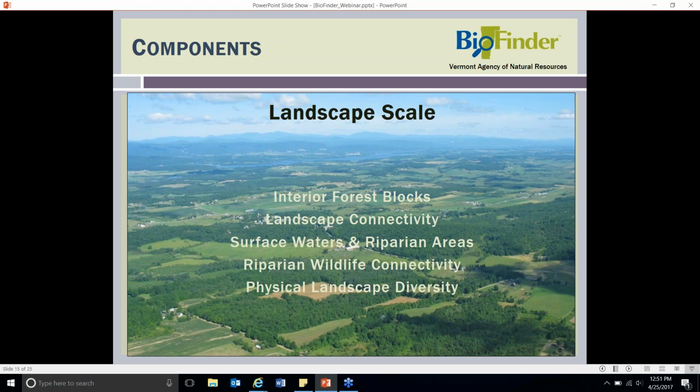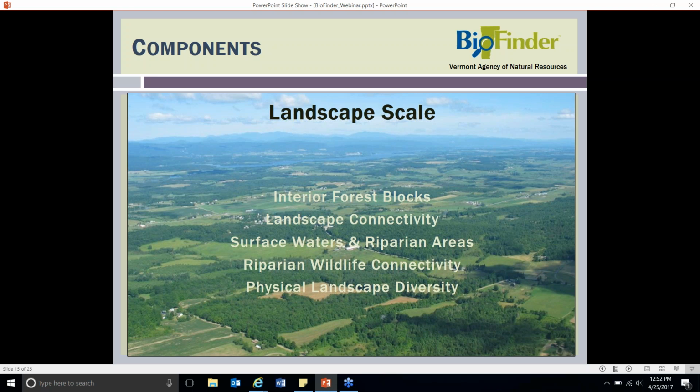Because different species live in different combinations of this physical landscape, one way to protect biodiversity, since we can't really inventory all species on the landscape, is to look at where the physical landscape has diversity. If we protect the physical landscape diversity, we'll protect a diversity of species that live on it.